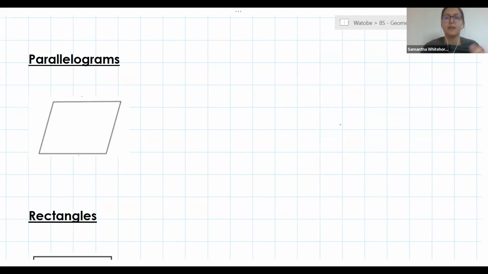Good. And then, ma'am, opposite sides are equal, and it has two pairs of opposite parallel sides. Good. Okay, so I'm going to try to put all of this into one statement.